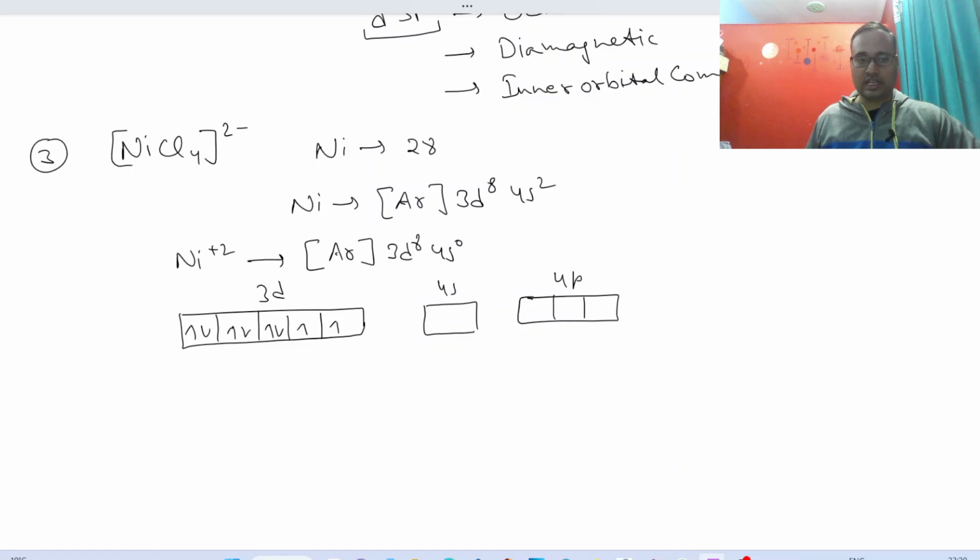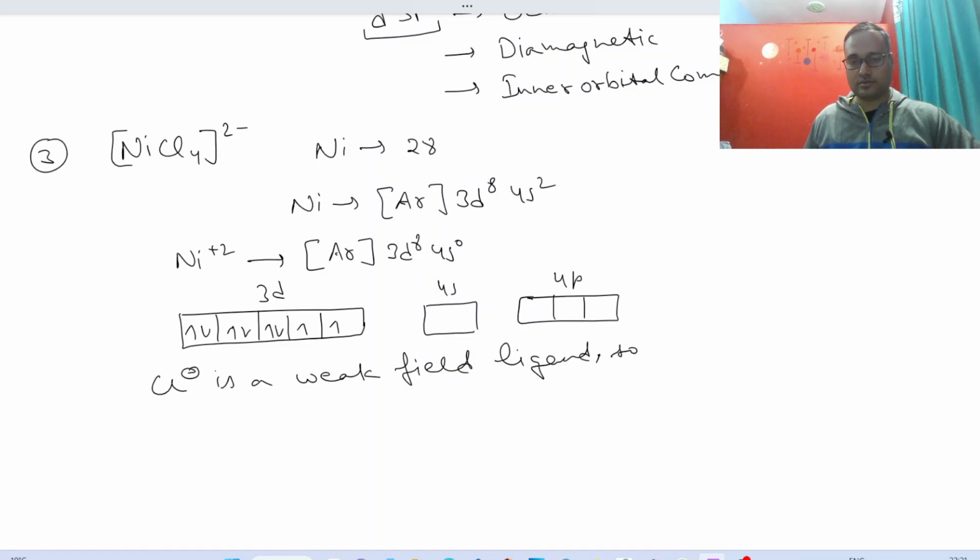So as the Cl negative again is a weak field ligand, it cannot cause pairing of electrons in 3d orbital.